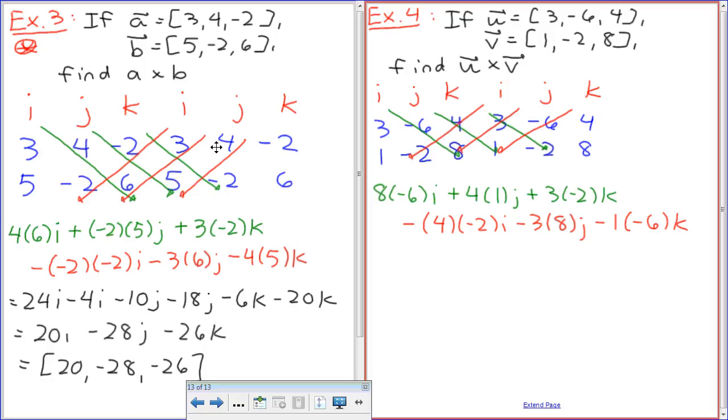Okay, so that turns into -48i plus 8i plus 4j minus 24j minus 6k plus 6k, which equals -40i minus 20j plus 0k.